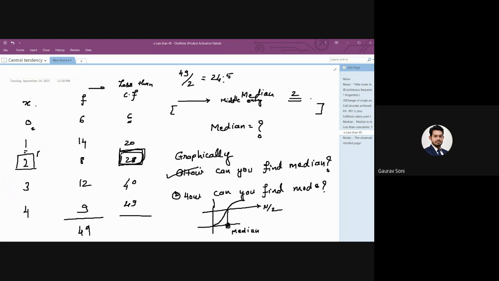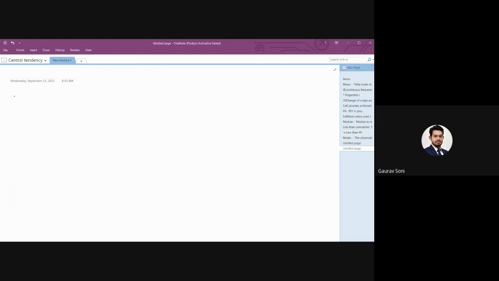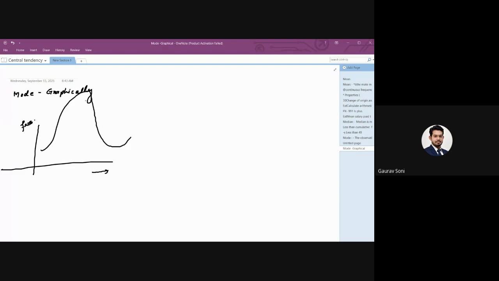For a mode, of course, if x and f are given, then if x is on the x-axis and the frequencies are plotted on the y-axis, whichever point has the maximum frequency, you can directly say that it is the mode.